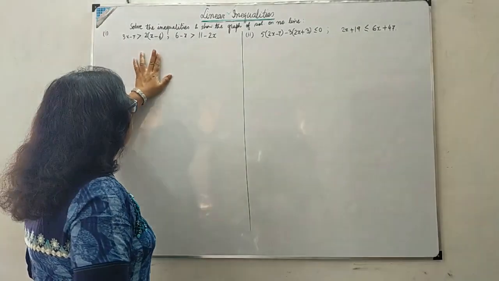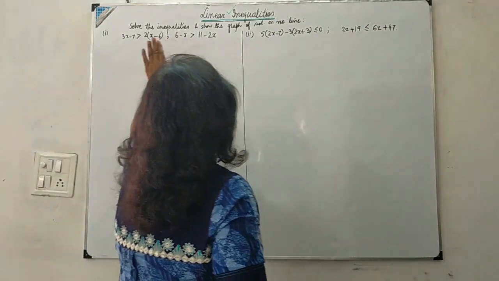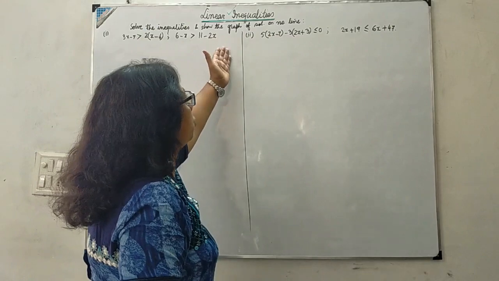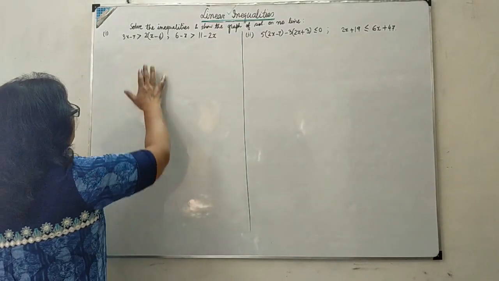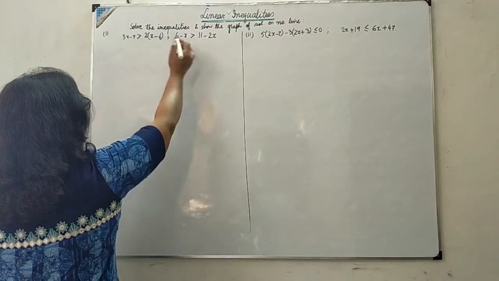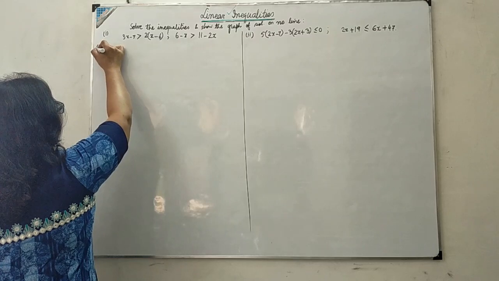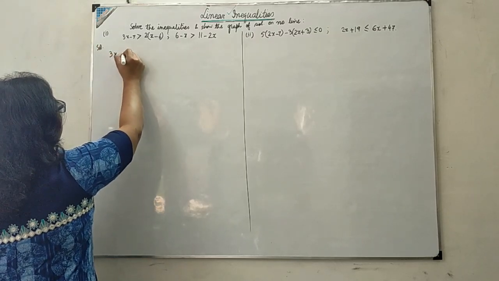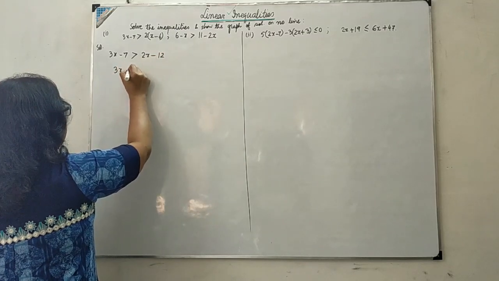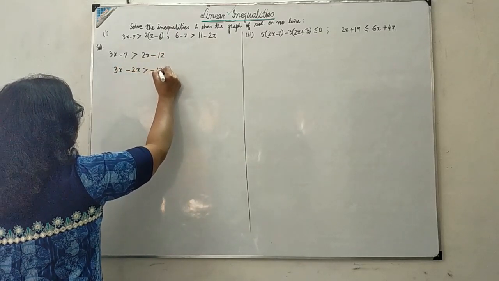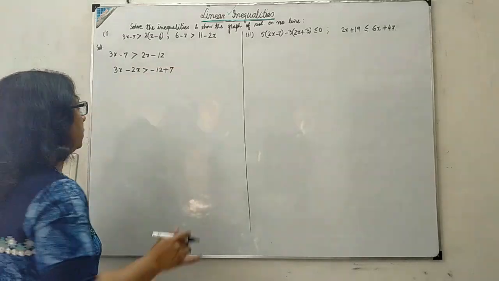Let us take a few questions in which two or more inequalities are given, and you have to solve these inequalities and show the graph of the solution on the number line. You can see in the first part we have two inequalities. We will solve them separately. The first is 3x minus 7 greater than 2x minus 12. So 3x minus 2x greater than minus 12 plus 7. What I have done is transpose the terms.